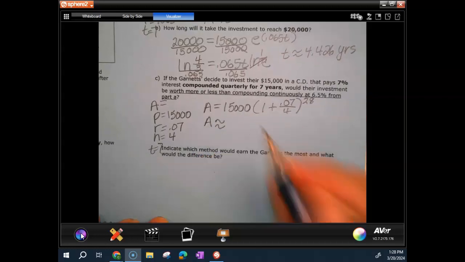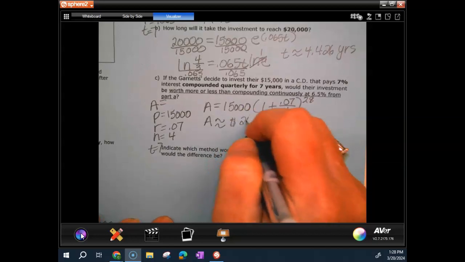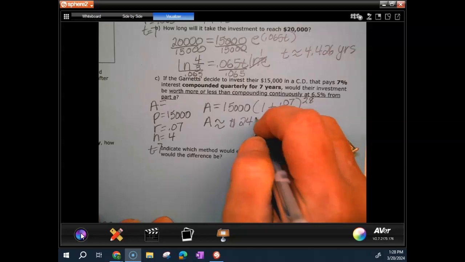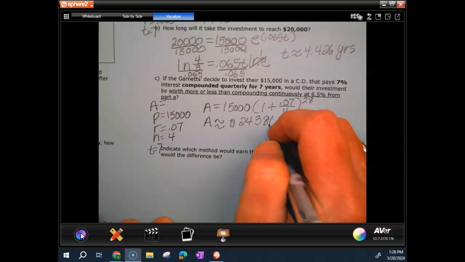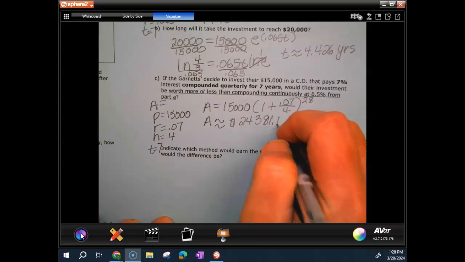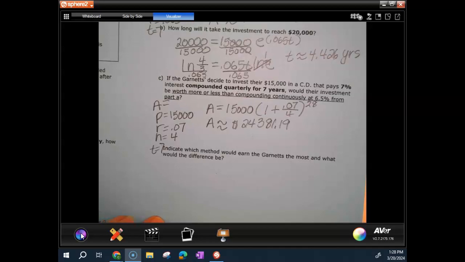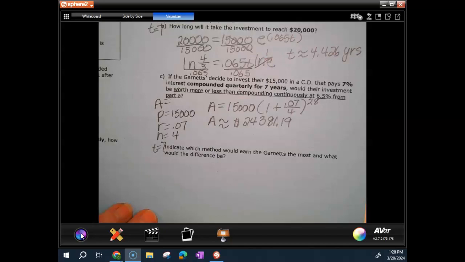So if you do that, it's approximately equal to $24,381.19. So were you right or were you wrong, Francisco? You were right.